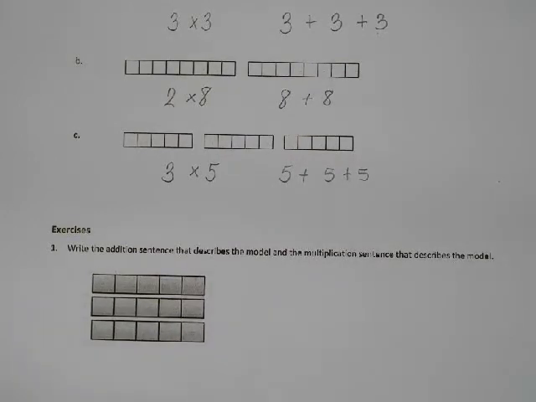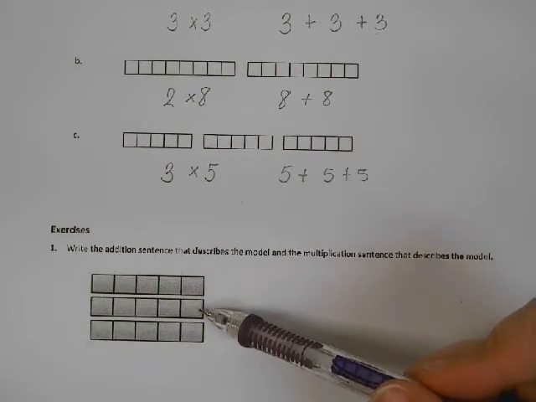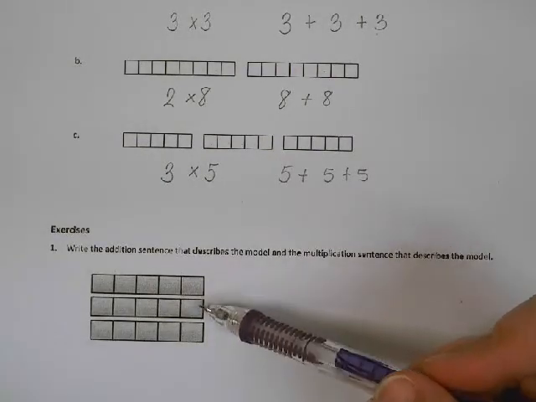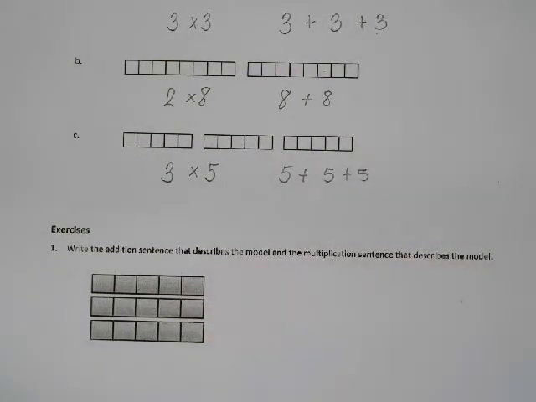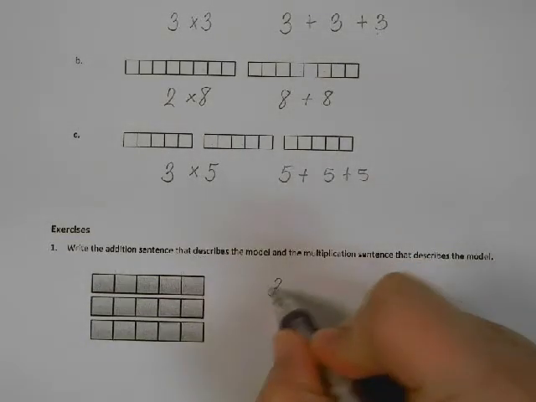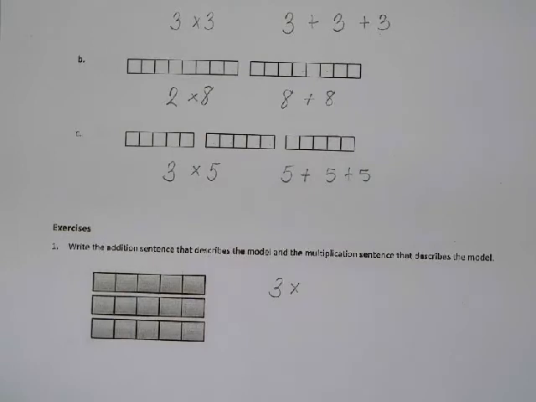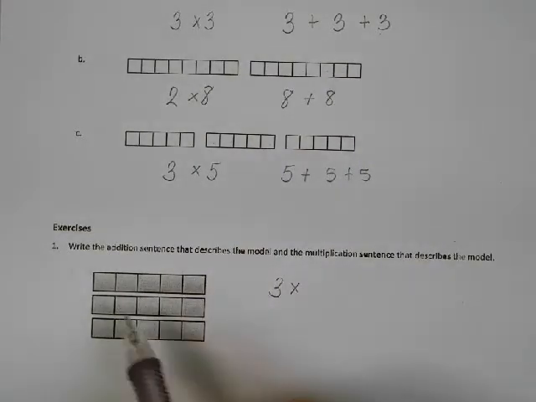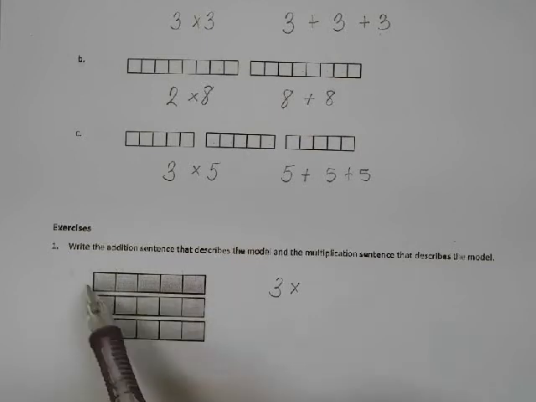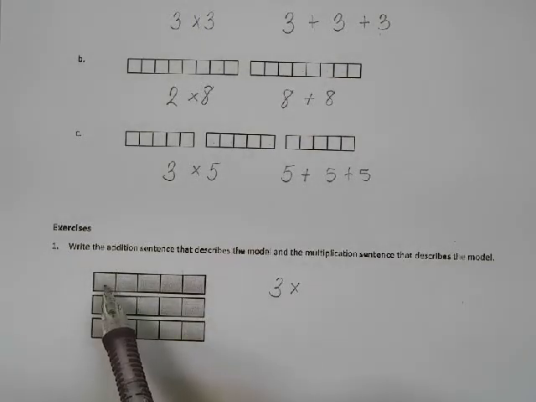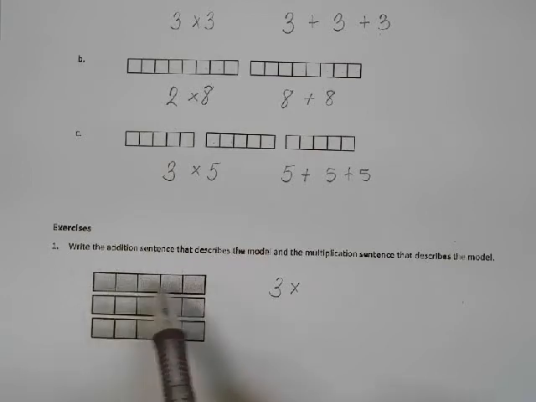But I can see that I still have how many groups? 1, 2, 3. I still have 3 groups. Now I need to know how many are in each group. Well, the nice thing is I can tell that they're all equal groups just by visually looking, so I only need to count the first one. 1, 2, 3, 4, 5.